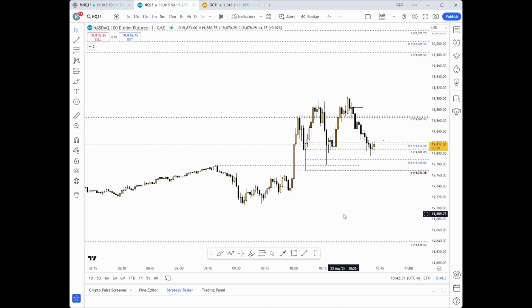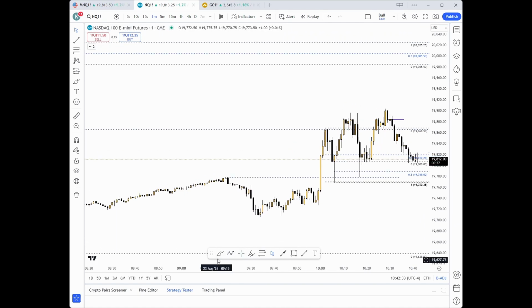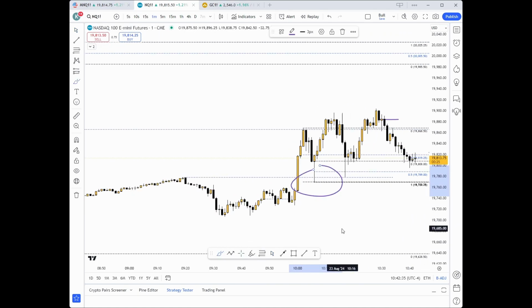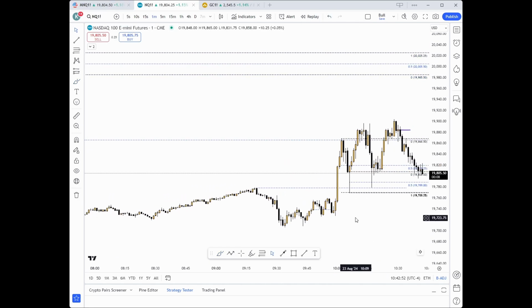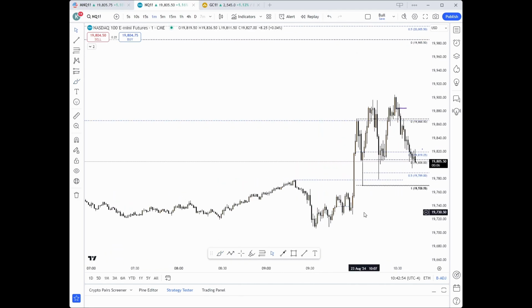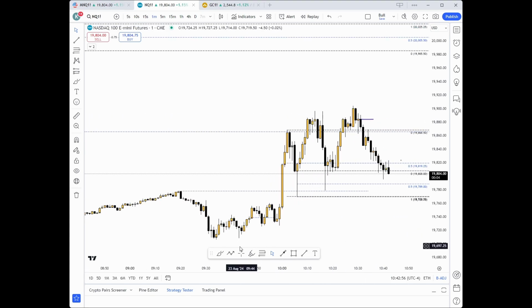Yeah, so this obviously will look really nice in hindsight. The target of it being here was obviously silly, and I'm still kicking myself for it. The idea was that we traded up into the midpoint here.